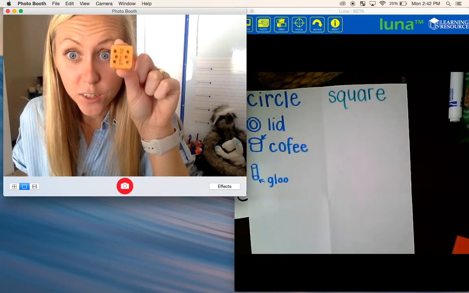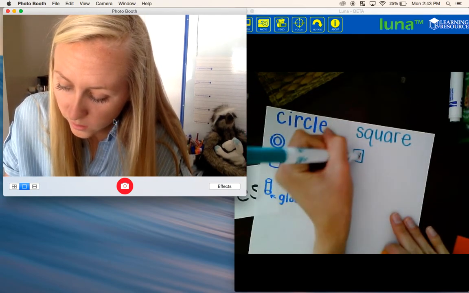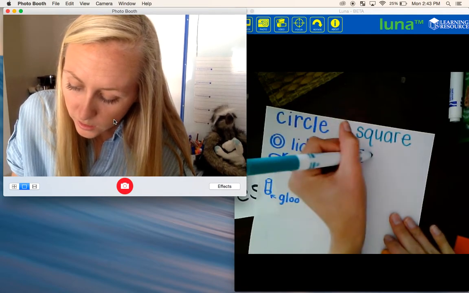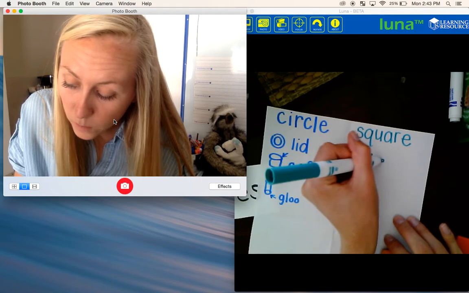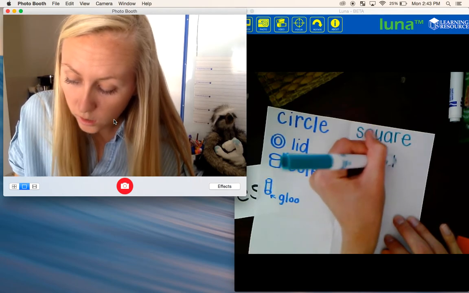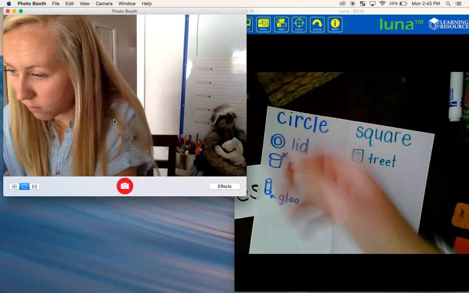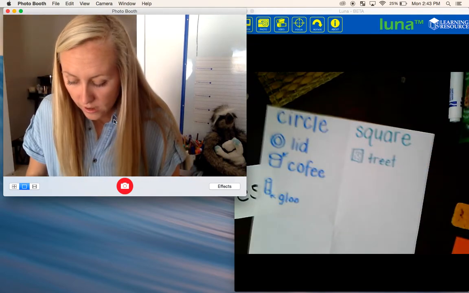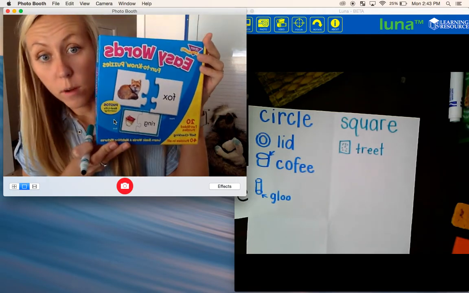This is a dog treat. So I'm going to draw down my square dog treat. It has little dots on it. And I'm going to write T-R-E. Oh, and maybe E-E. Treat.